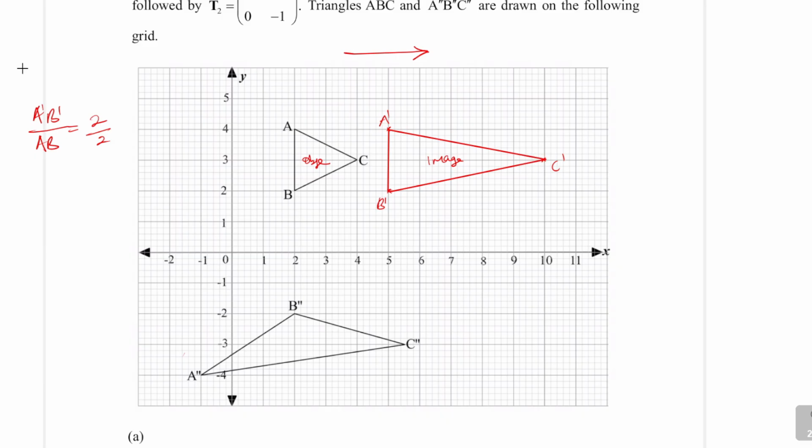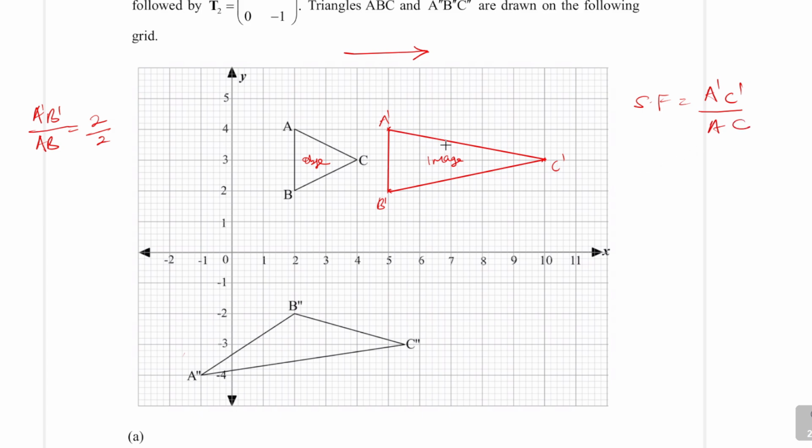To get the scale factor, we can take the length A prime C prime divided by AC. We can take that and see.